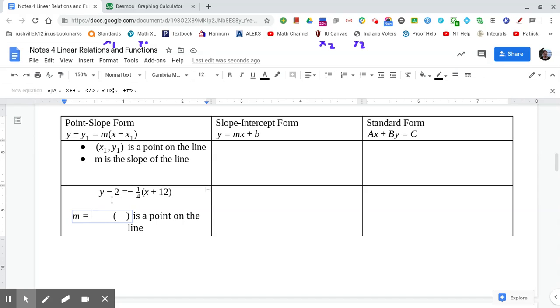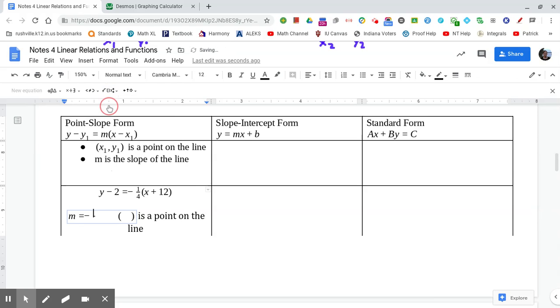All right, here we have an example of an equation written in point-slope form: y minus 2 equals negative 1/4, and then parentheses x plus 12. The easiest part is to determine what the slope is. That's not the tricky part. In front of the parentheses, that's where the slope lies. There's m. So the number in front of the parentheses would be negative 1/4.